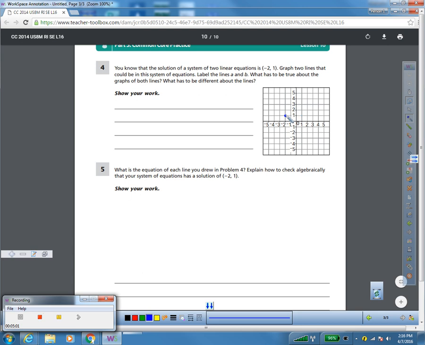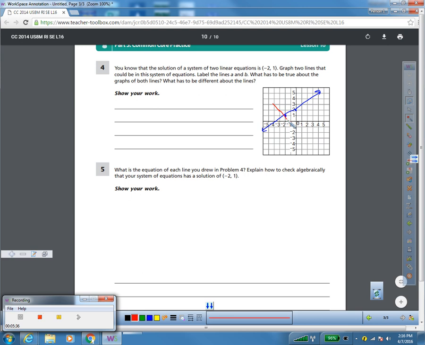So I'm going to just kind of create a couple graphs here. So let's say maybe that's one of them. And then I'll grab another color for the other one. And let's say maybe like this will be another one.